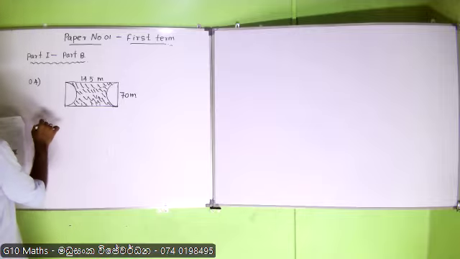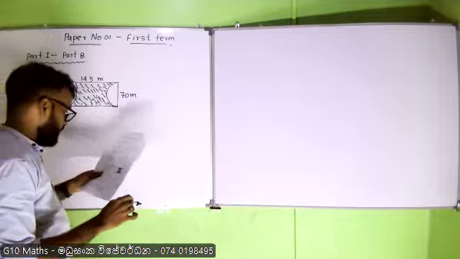Under the fourth question, they are asking to find the area of the rectangle.